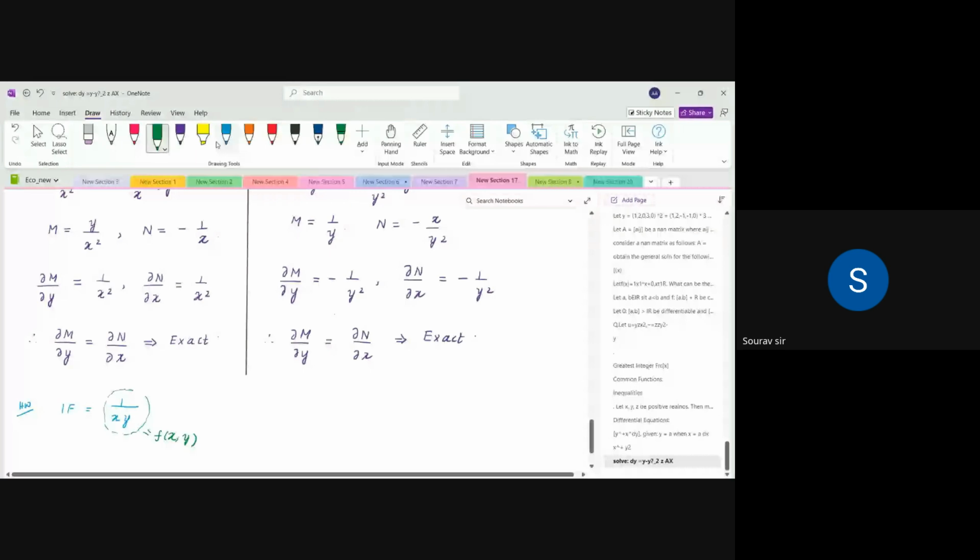Let me put this as a homework. If you consider your integrating factor as 1 upon xy, which is essentially a function of x and y together, then also you can check if the differential equation will turn out exact.